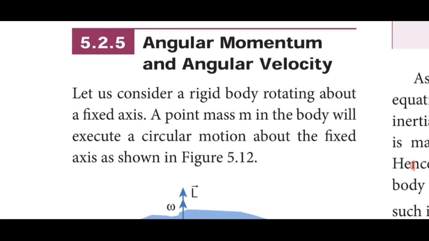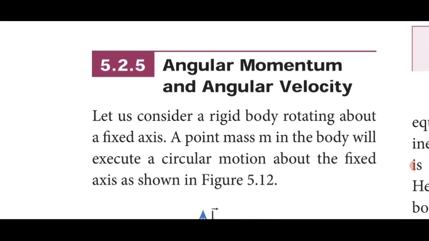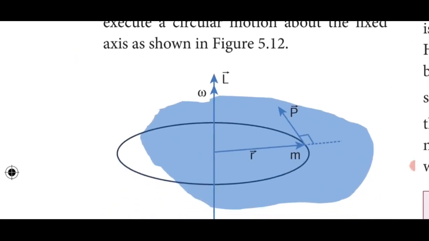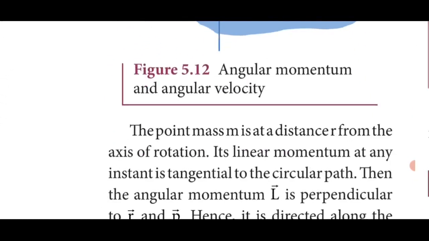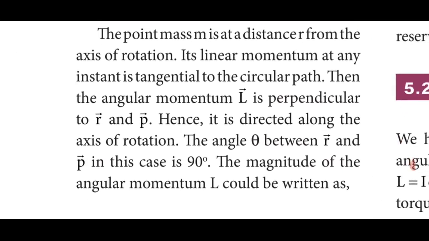Let us consider a rigid body rotating about a fixed axis. A point mass m in the body will execute a circular motion about the fixed axis. Consider the point mass m at the distance r from the axis of rotation. Its linear momentum at any instant is tangential to the circular path.